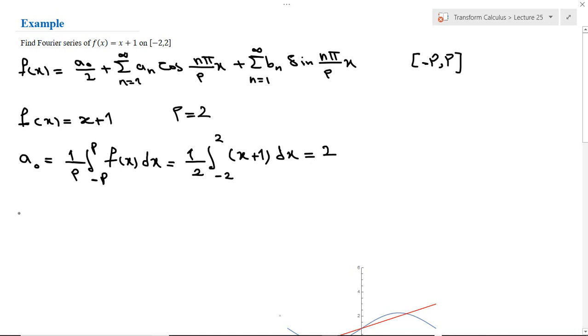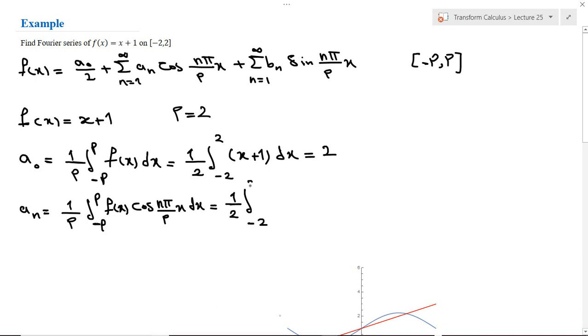If you want to find an, it is equal to 1 over p, the integral from minus p to p of f(x) cosine n pi over p x dx. So it's equal to 1 over 2, the integral from minus 2 to 2 of f(x), which is x plus 1, times cosine n pi over p, and here n pi over p is n pi over 2, x dx.